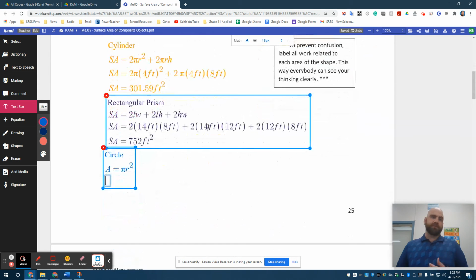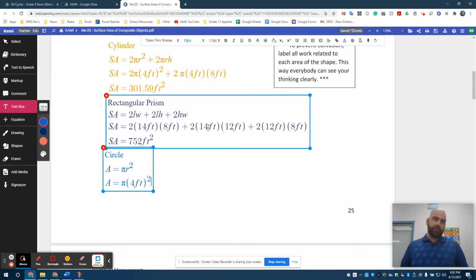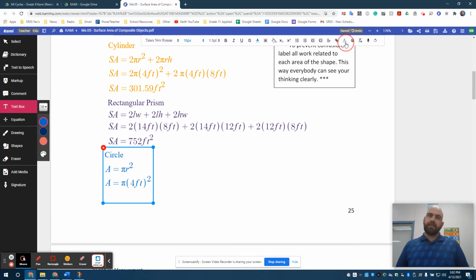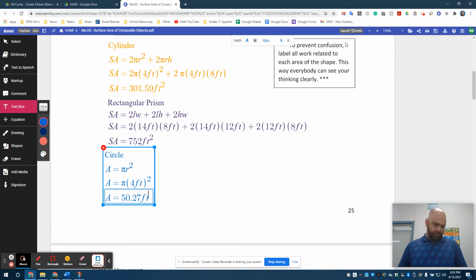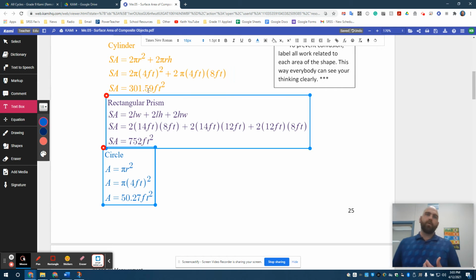It's got a radius of 4 feet, so the area is pi times 4 squared, and that's equal to 50.27 square feet. That's the area that we need to subtract from both of these.